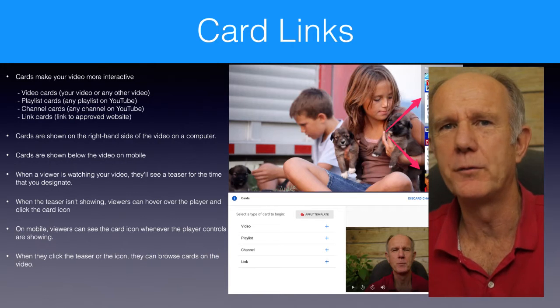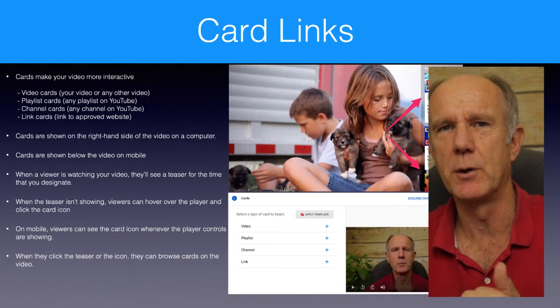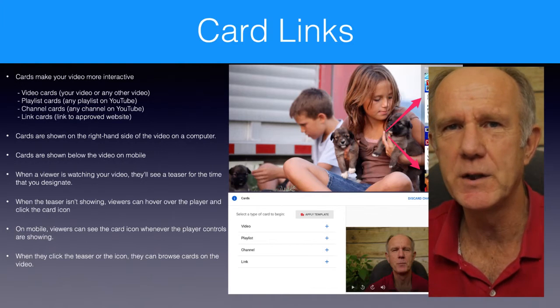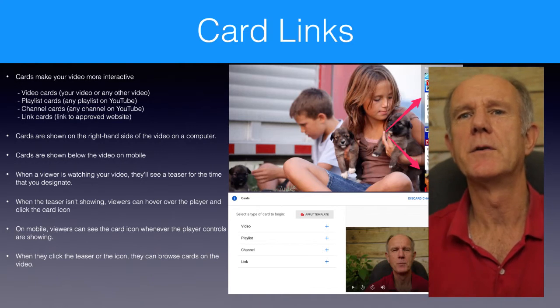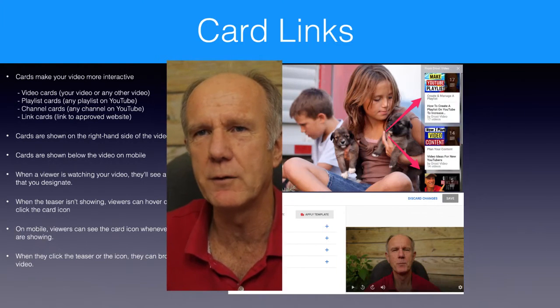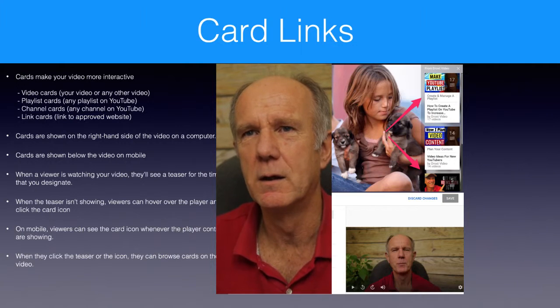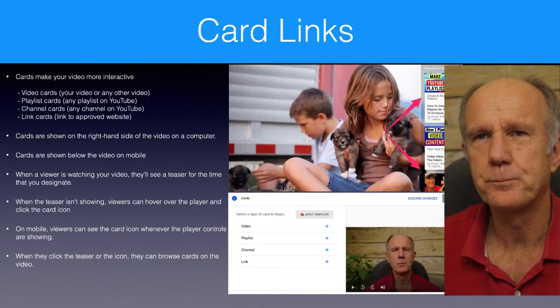And on mobile, viewers can see the card icon whenever the player controls are showing. When they click on the teaser or the icon, they can also browse the cards on the videos. So over here on the right, for instance, you've got multiple cards that appear on the video.